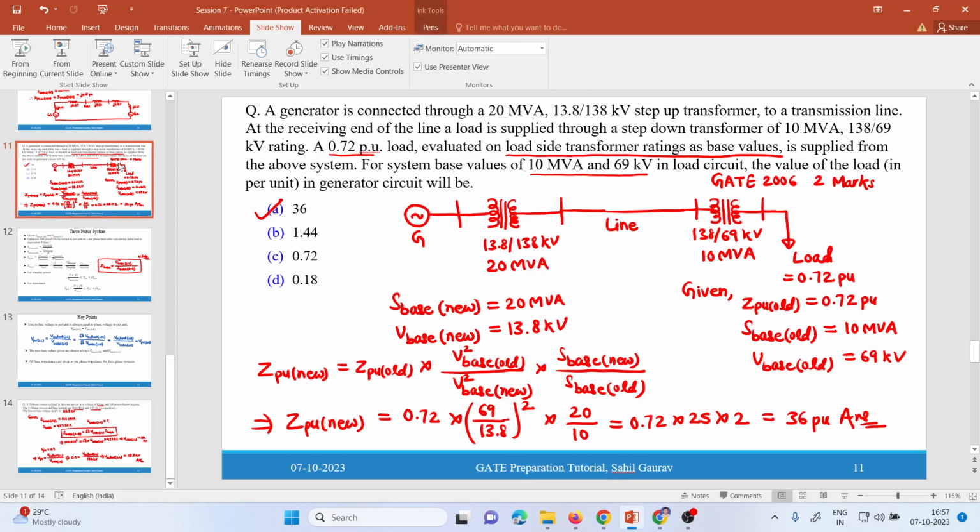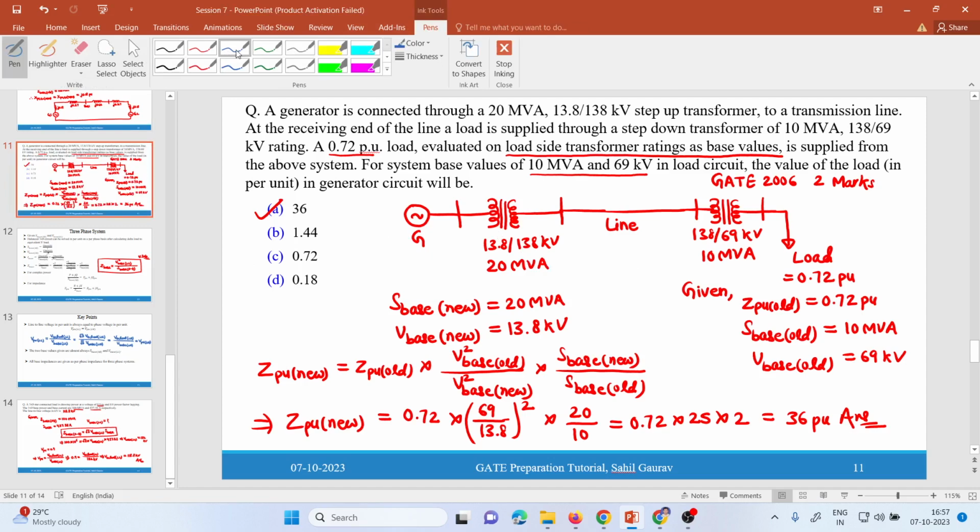Here this voltage level is given, so you can find the turns ratio V1 by V2 equals N1 by N2. Suppose this generator 1 is not able to supply the voltage at 13.8 kV.